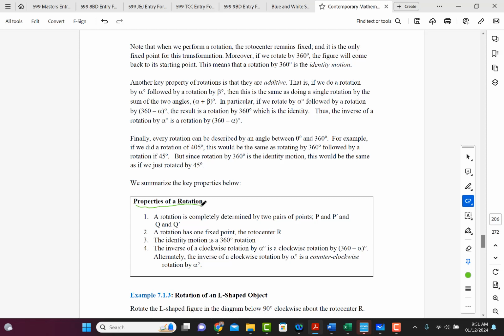Alternately, the inverse of a clockwise rotation by alpha degrees is also a counterclockwise rotation by alpha degrees, as long as you end up going back to where you originally started.